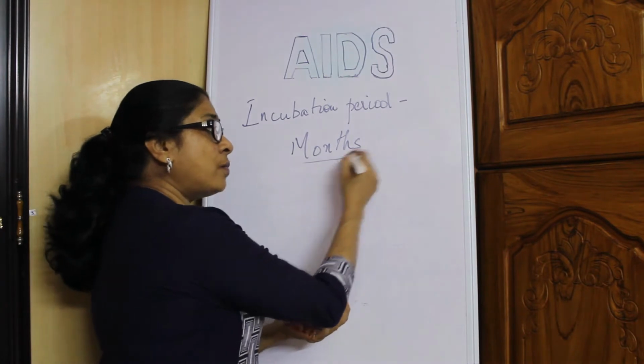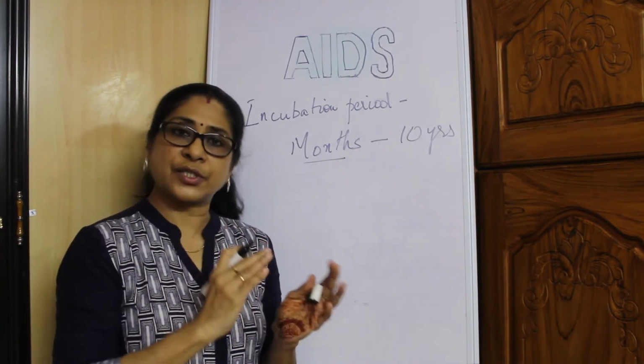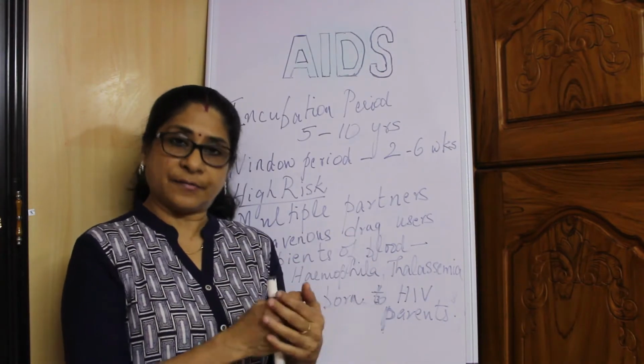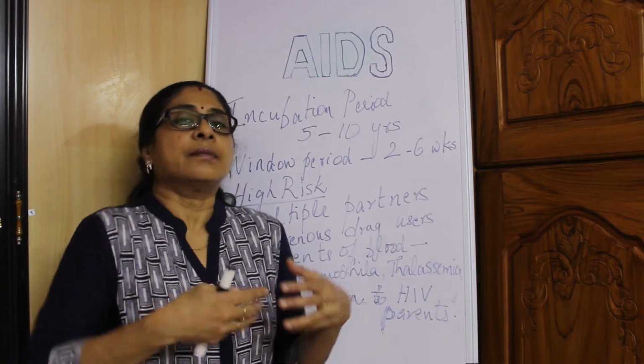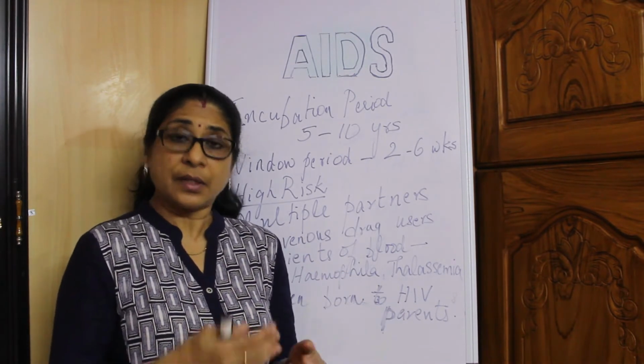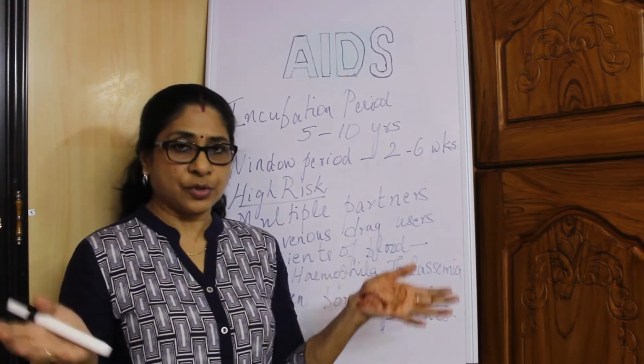So from a few months to almost 10 years, it varies from patient to patient. After a person is infected, the symptoms may appear within 5 years, or sometimes even after 10 years. So it's a pretty long duration.